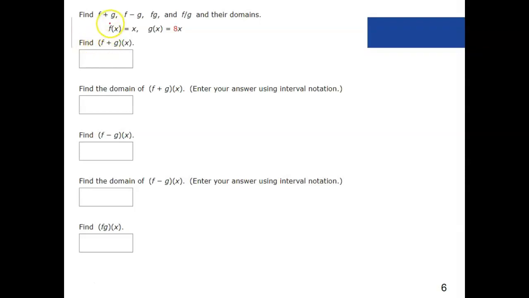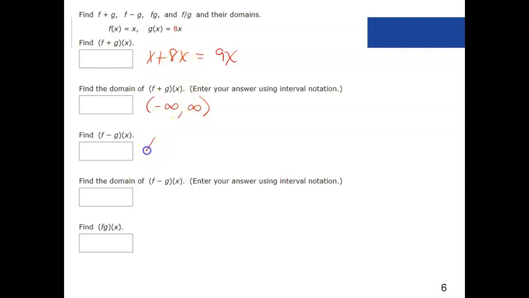Looking at this one, we're going to do the same thing, except here we have just basically 2 lines that we're going to be combining together. So if I do f plus g, I'm just literally going to add these 2 together, and I'm going to get 9x. For the domain, there's no denominators, there's no radicals, so my domain would just be all real numbers.